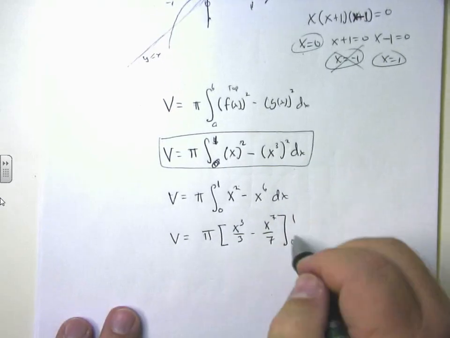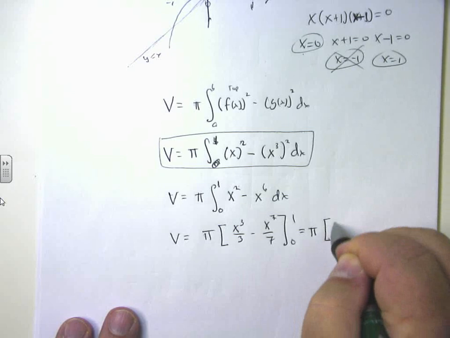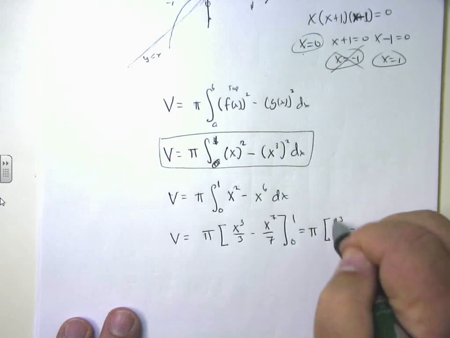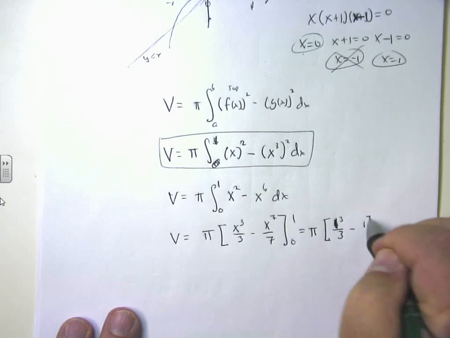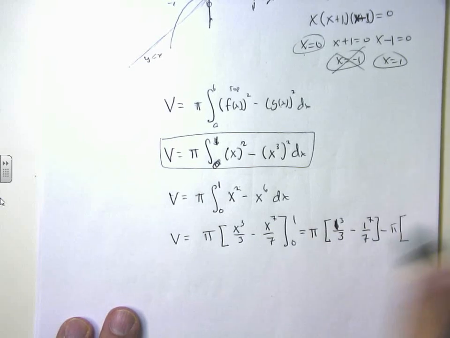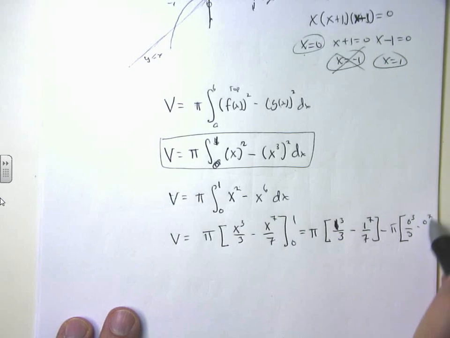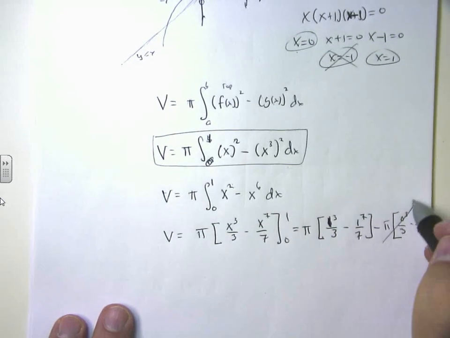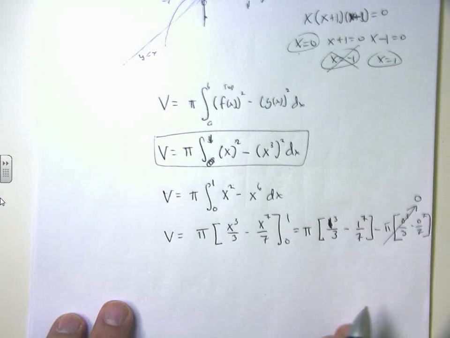Applying a little fundamental theorem of calculus here, that'll be pi times, plug in the top, 1 cubed over 3 minus 1 to the 7th over 7, minus pi times plug in the bottom, 0 cubed over 3 minus 0 to the 7th over 7. But who am I kidding? That's just 0. We love plugging zeros into most things.